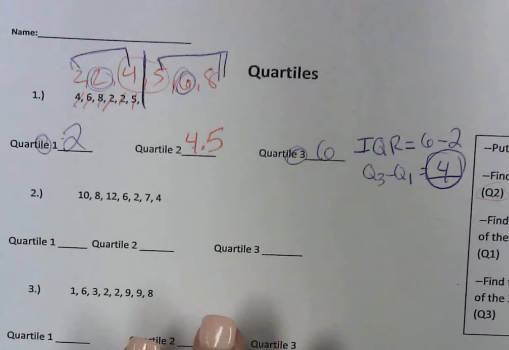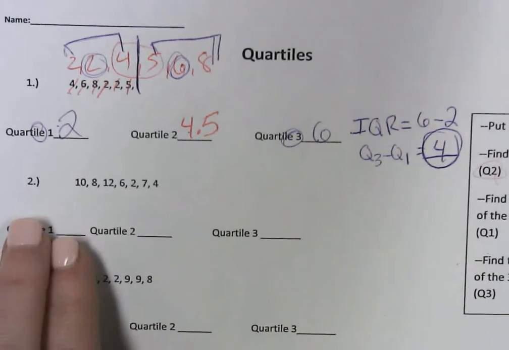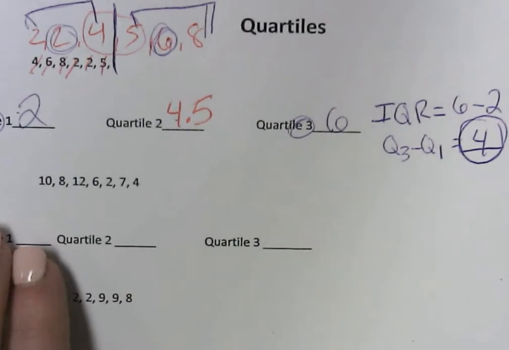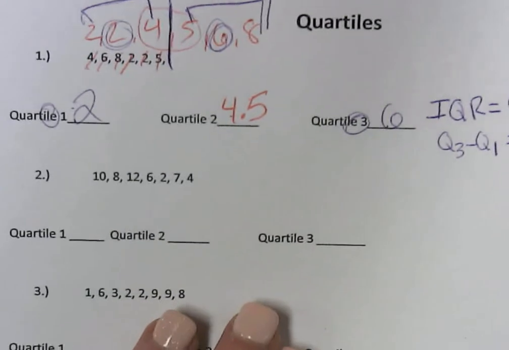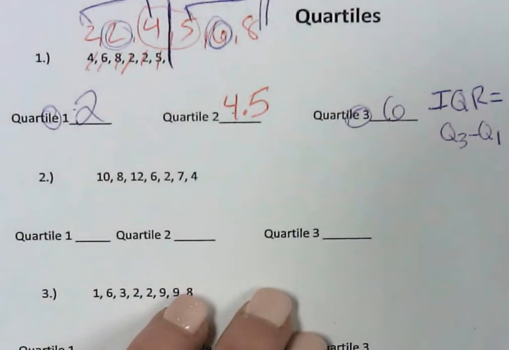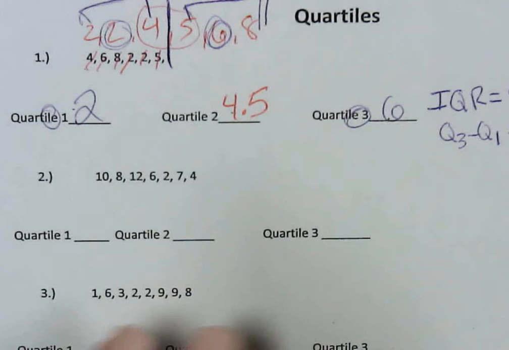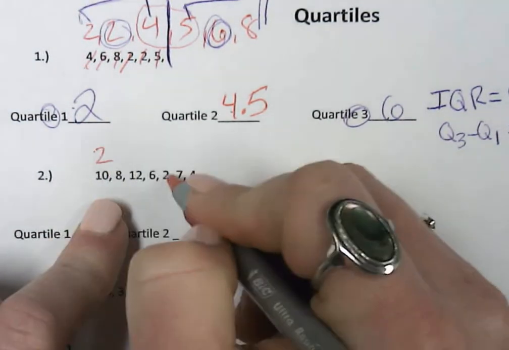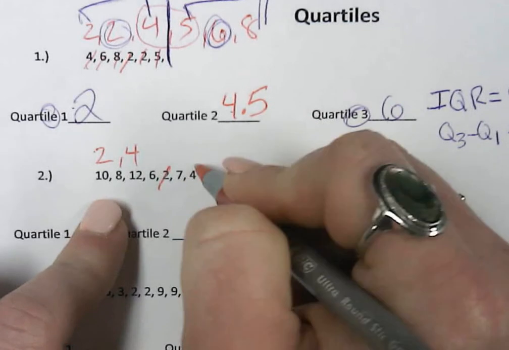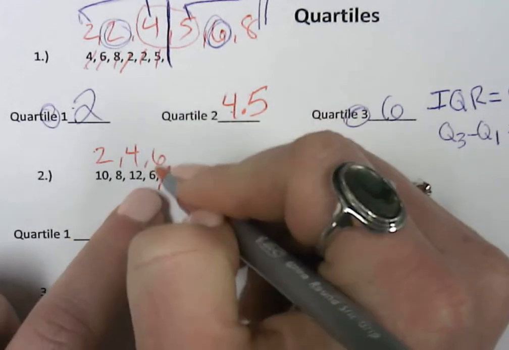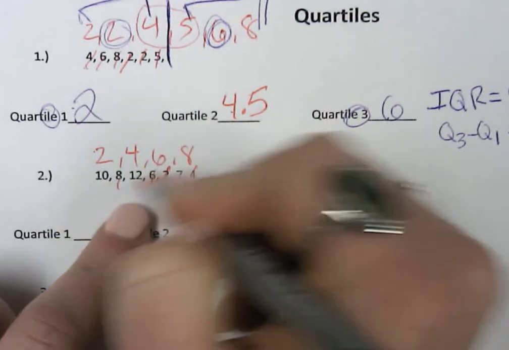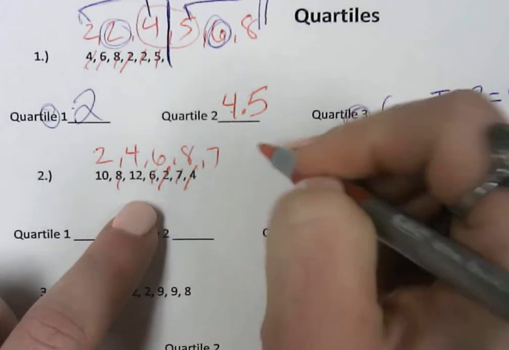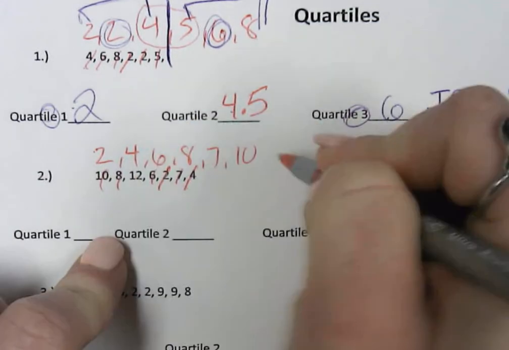Let's try another one. Let's do number 2. Still following those same steps that they gave us on the side. The first thing we always want to do, put our numbers in order. So let's do that. We have a 2, 4, 6, 8, 7, 10, and 12.